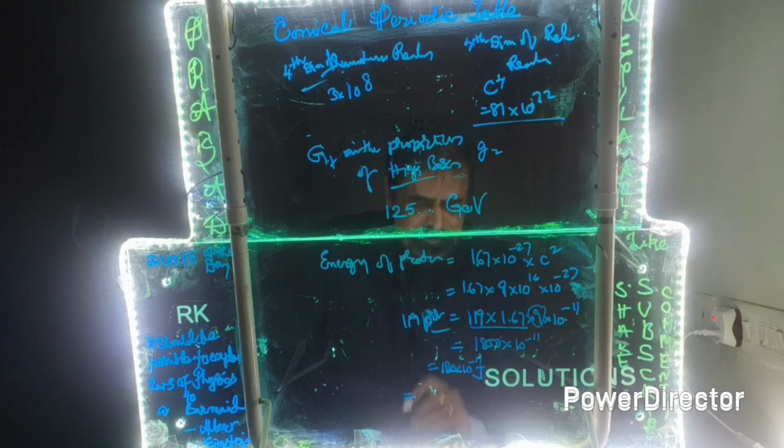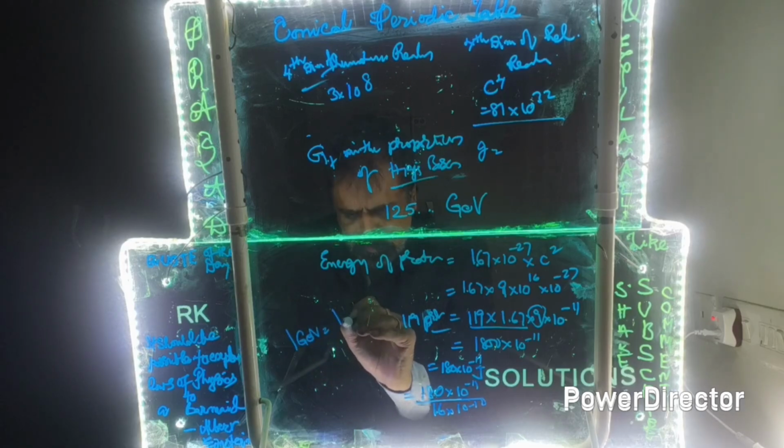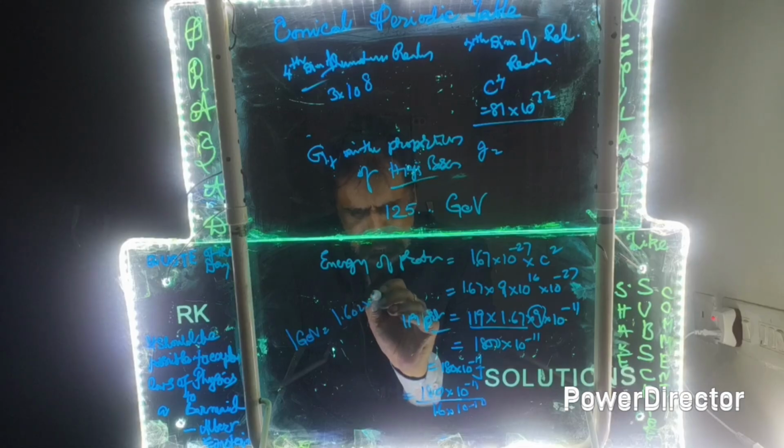These are in joules. So we have to convert 180 into 10 raised to minus 10 by 1.6 into 10 raised to minus 10, since 1 giga electron volt is equal to 1.6 into 10 raised to minus 10 joules.